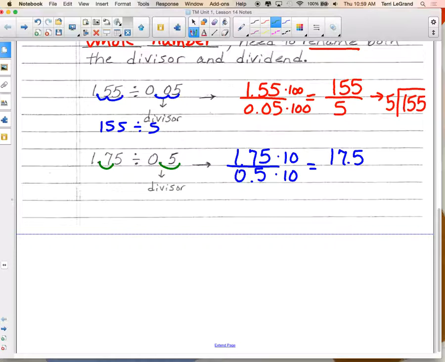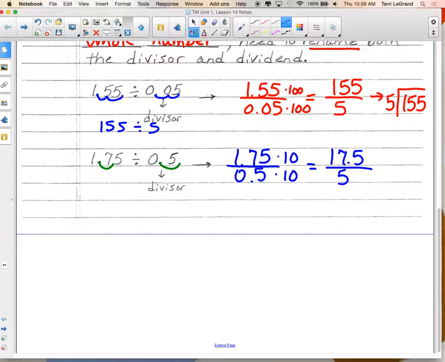It's 17.5, and it's going to be divided by 5/10 times 10, which is? 5. It's 5.